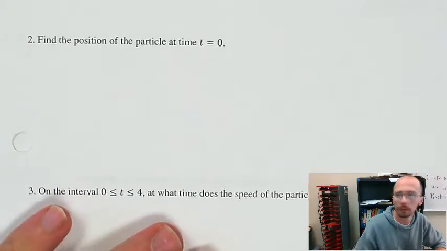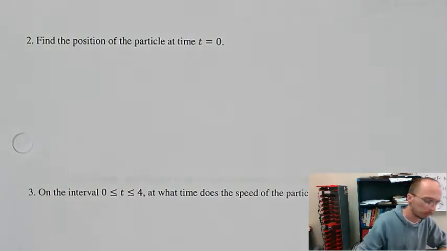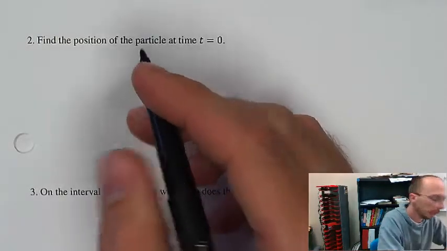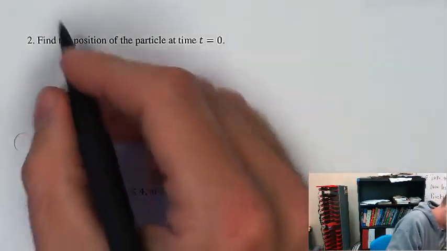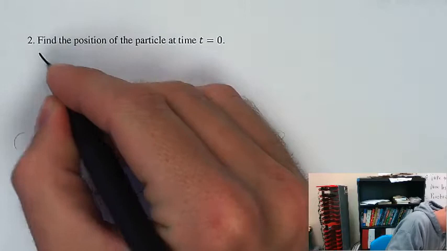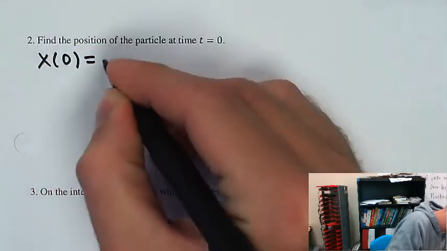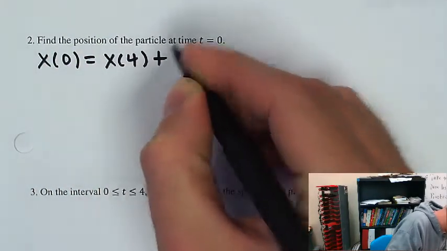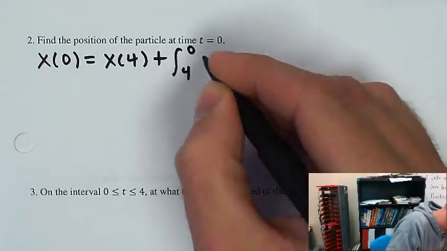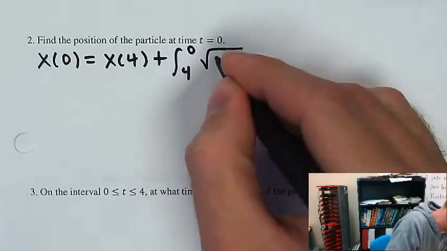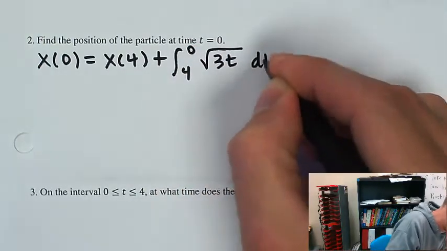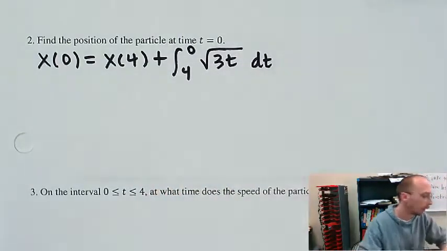Next, find the position of the particle at time t equals 0. This is what we're probably pretty good at by this point, if we did all the examples in the notes packet. So x of 0 equals x of 4 plus the integral from 4 back to 0 of x prime of t dt. That would be the square root of 3t dt, but you could write x prime if you wanted.